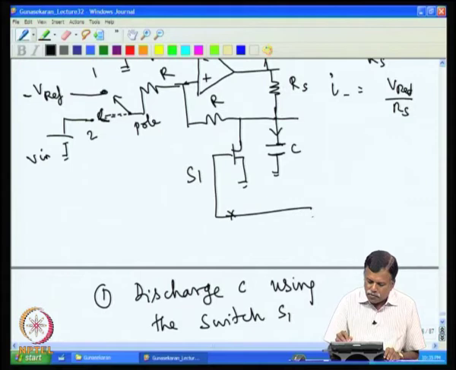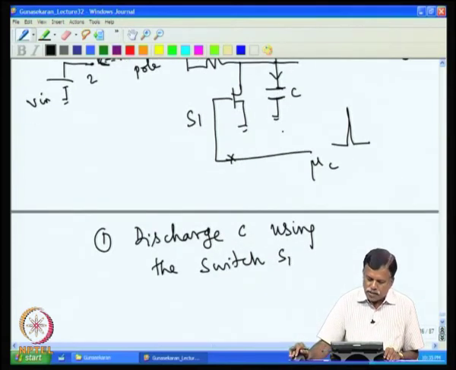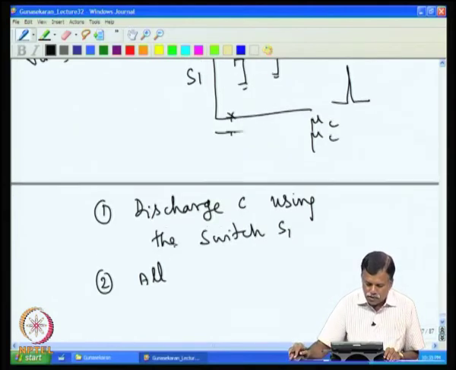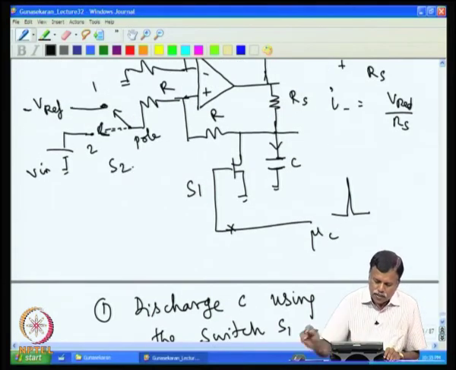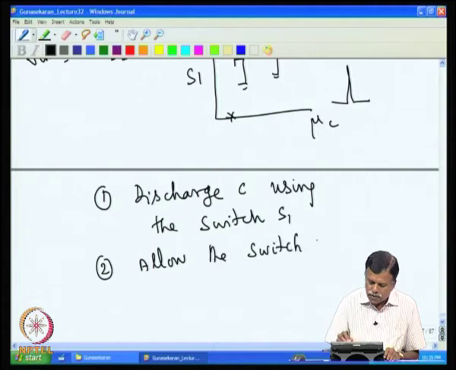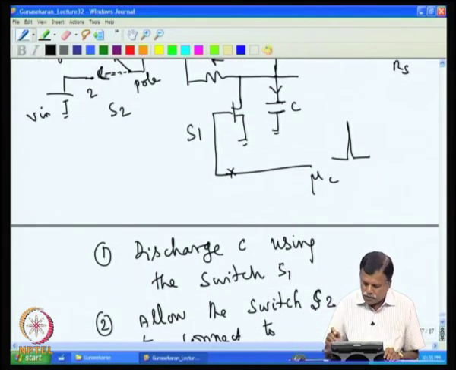That can be given from a microcontroller, a pulse can be given here, and that can discharge the capacitor C briefly. Then the second step would be, I name this one as S2, allow the switch S2 to connect to V in.